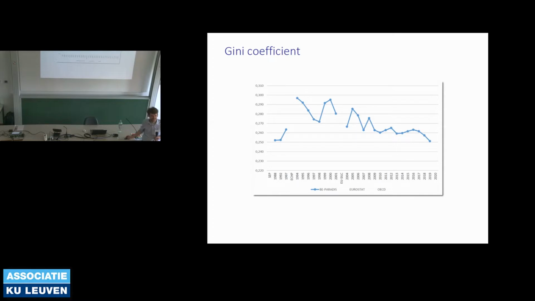Yes, please. So this is surveys and disposable income. It's only survey.